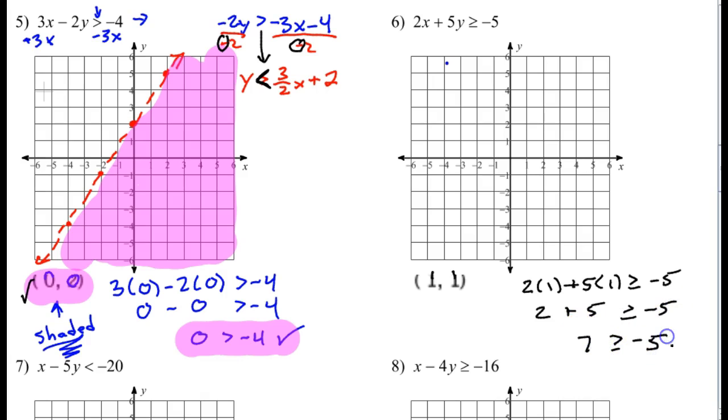So according to this, yeah, 1, 1 should be in the shaded region. When I finish my graphing, I know I'm going to shade the right area because I've proved it algebraically. Okay? Just a way to make sure. Okay, so go ahead and work on the back now. Finish those up, and when you're finished with them, go ahead and show me. And then after a little while, I'll put up the solutions as well so you can check that out.